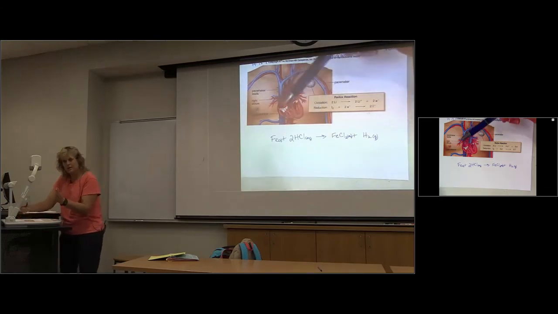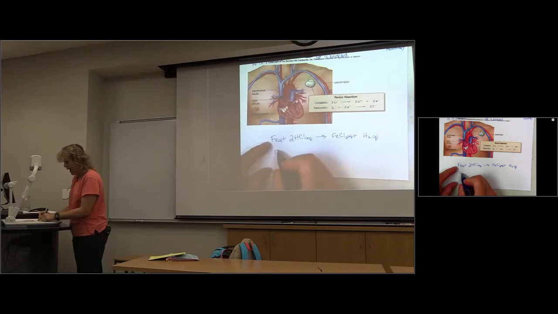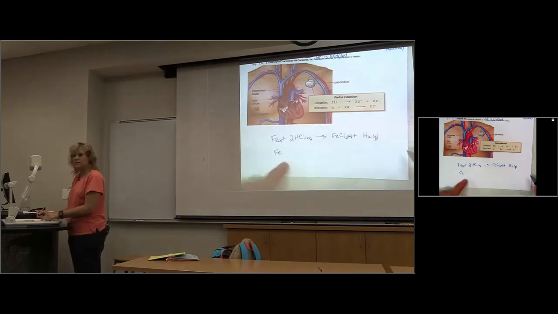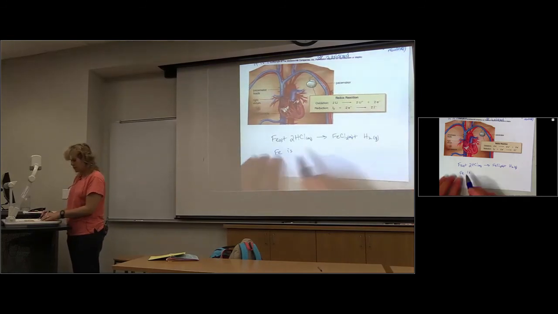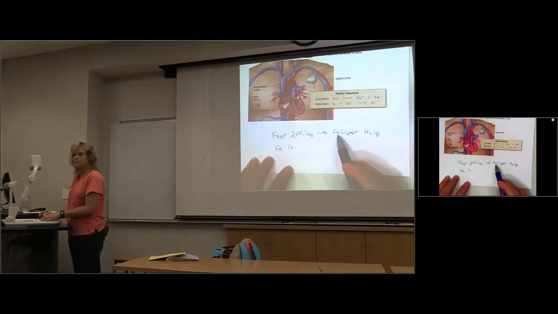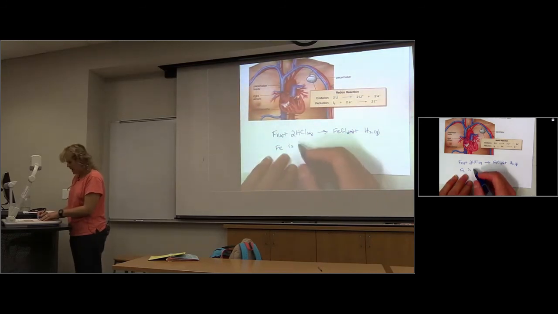Now, before I talk about the side reaction taking place, let's figure out: iron is what in this reaction? It goes from neutral to what charge? +2. That means iron is oxidized.